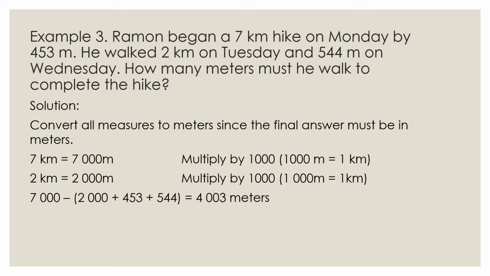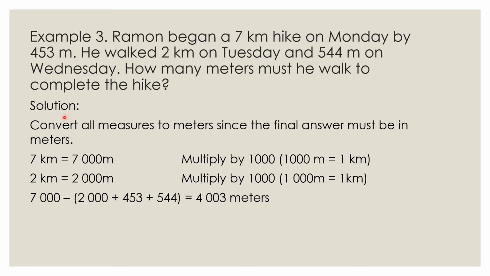Okay, for example number 3, Ramon began a 7-kilometer hike on Monday by 453 meters. He walked 2 kilometers on Tuesday and 544 meters on Wednesday. How many meters must he walk to complete the hike?